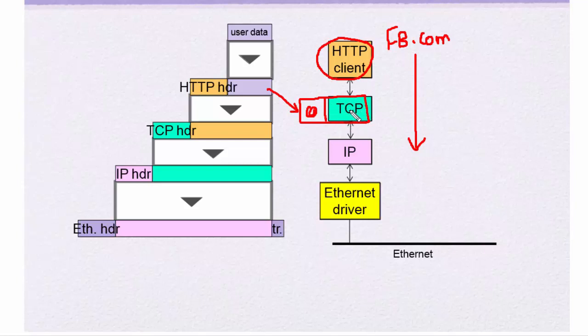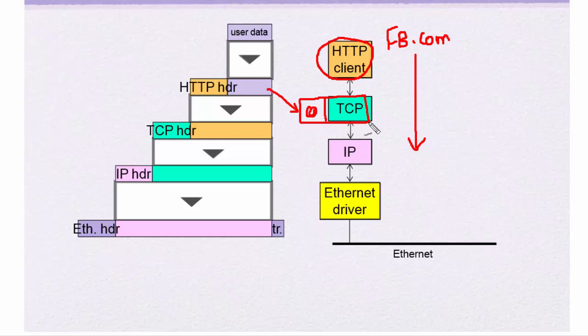This is protected, the same way as when you write a letter and cover it. I am writing a letter with fb.com and covering it with the HTTP header. The same thing goes on with TCP.